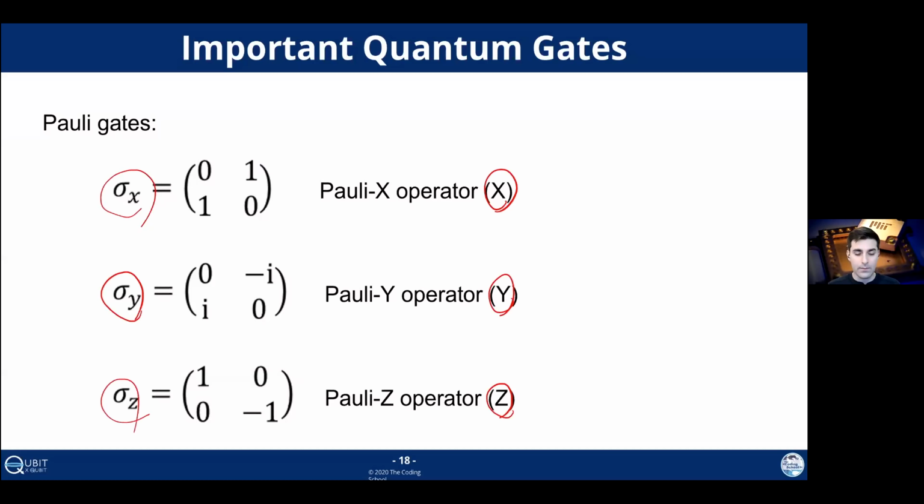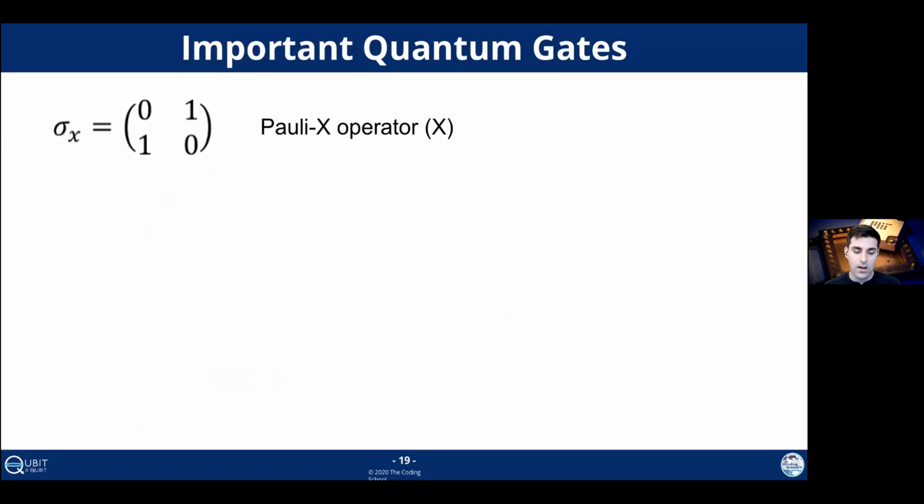We've also talked about how we can associate measuring a qubit along different axes to these Pauli operators. But now we're going to take it a little bit further by thinking about these operations along the Bloch sphere. So let's start with the Pauli X operator. What happens when I apply the Pauli X operator to the 0 state? So Pauli X applied to 0. What do I get?